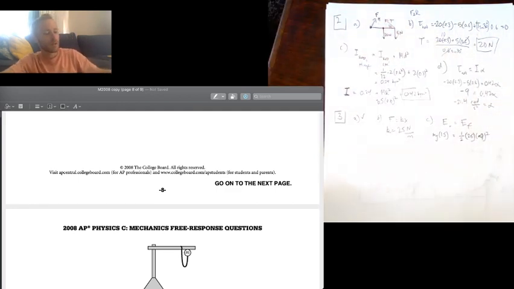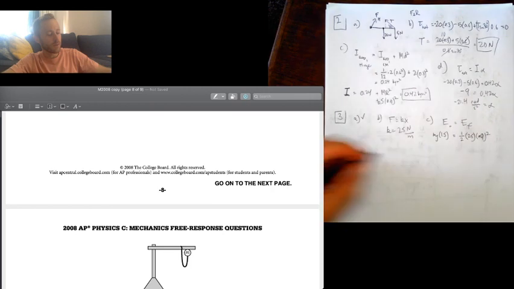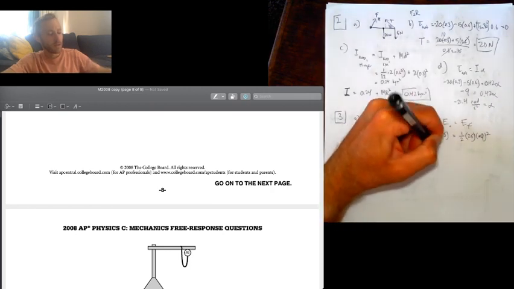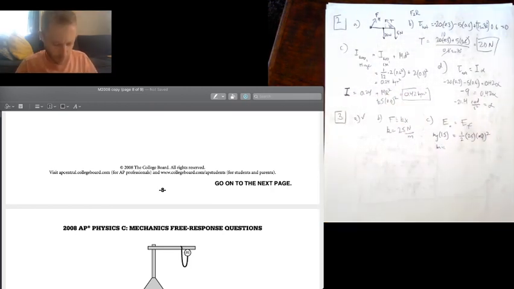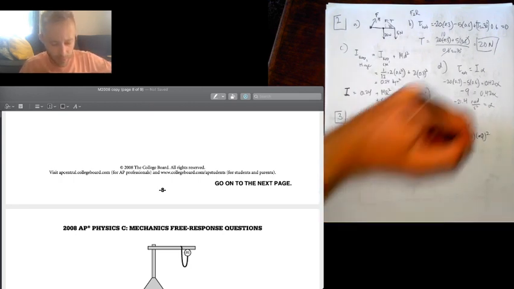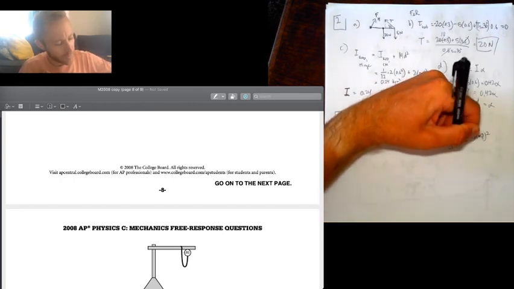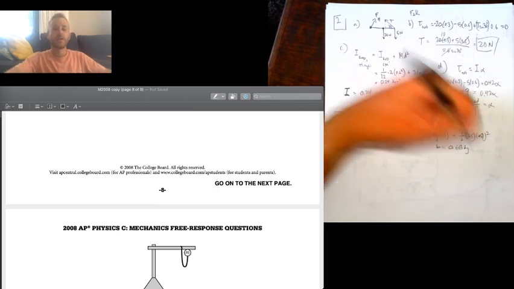Okay? So we can use this to solve for m. So we get m equals 0.68 kilograms.